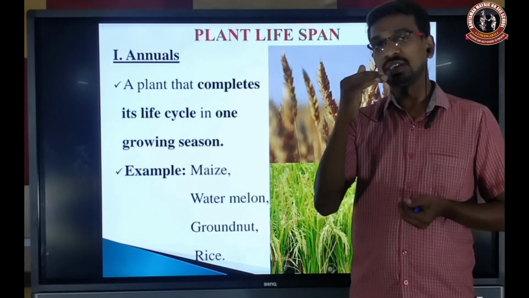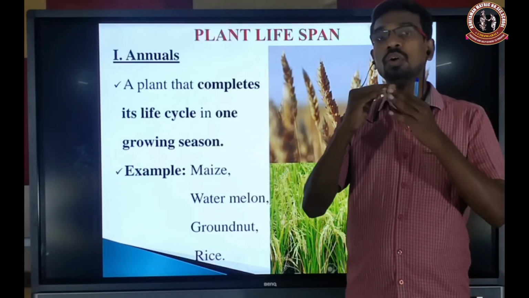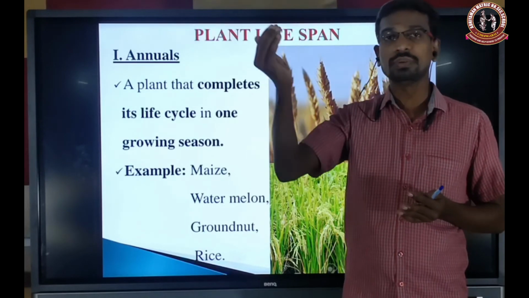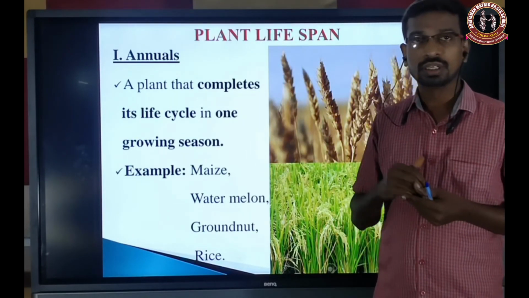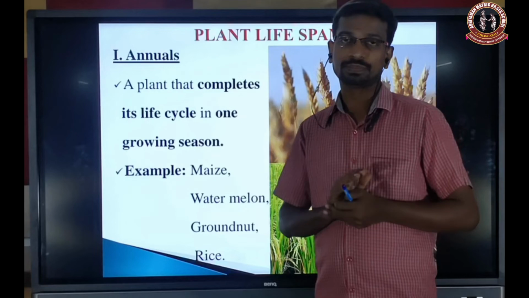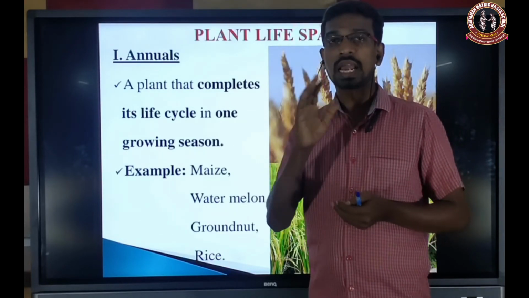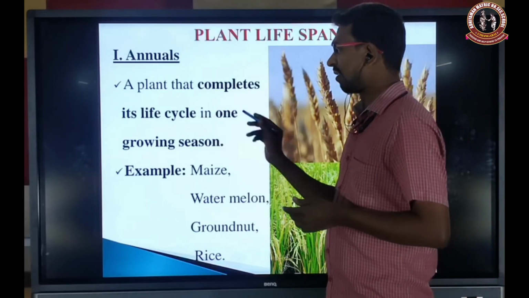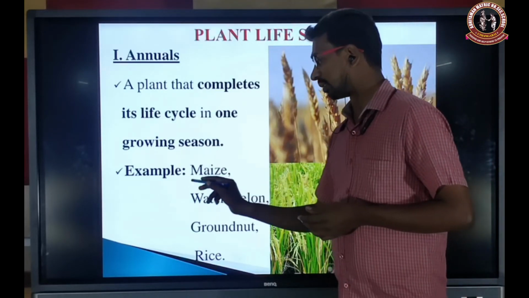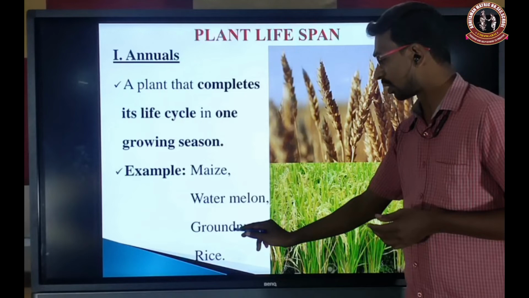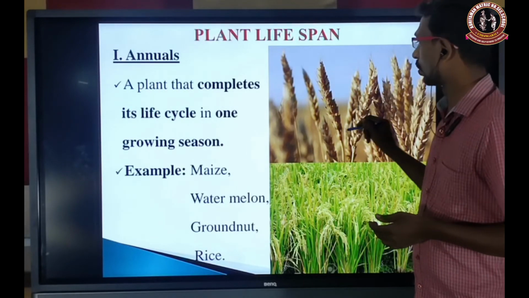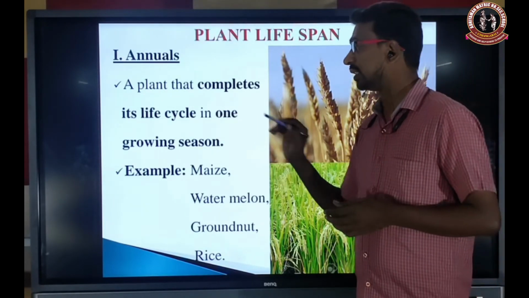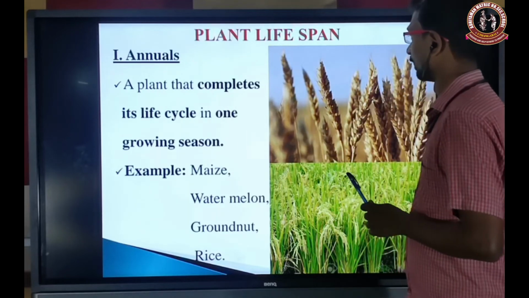The first 3 months they grow vegetatively, after 3 months they grow reproductively, and after that the plant is done. That is an annual plant. Examples: maize, watermelon, groundnut and rice. These grow only for one growing season.